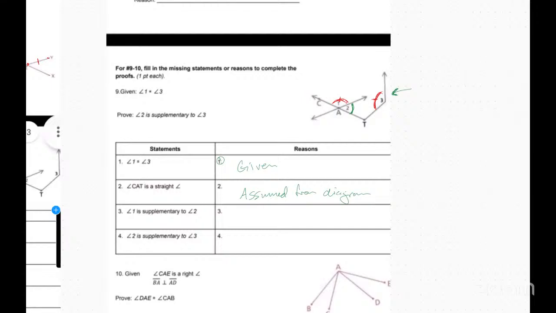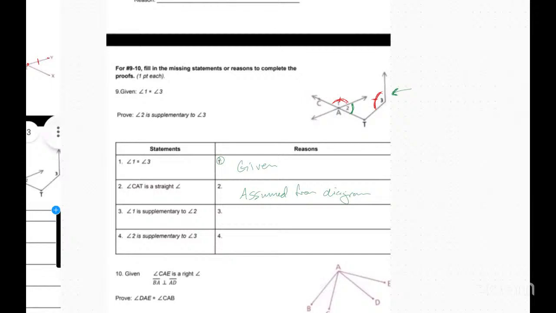Let's see, 1 is supplementary to 2. Why could we say that? Again, I wish we had those reasons that you have because a lot of times there are different reasons teachers allow you to use. But 1 is supplementary to 2. You could say, yeah, straight line. Maybe you could even just do the addition property.